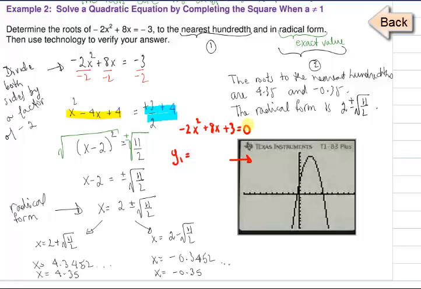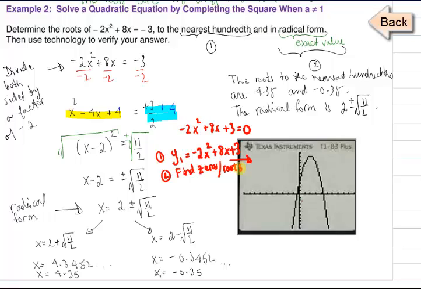Now you want the corresponding function, so you want y equals. You're going to plug into your calculator y1 equals -2x squared plus 8x plus 3. That's the first step. The second step is you want to find the zeros or the roots, depending on which graphing calculator you have.